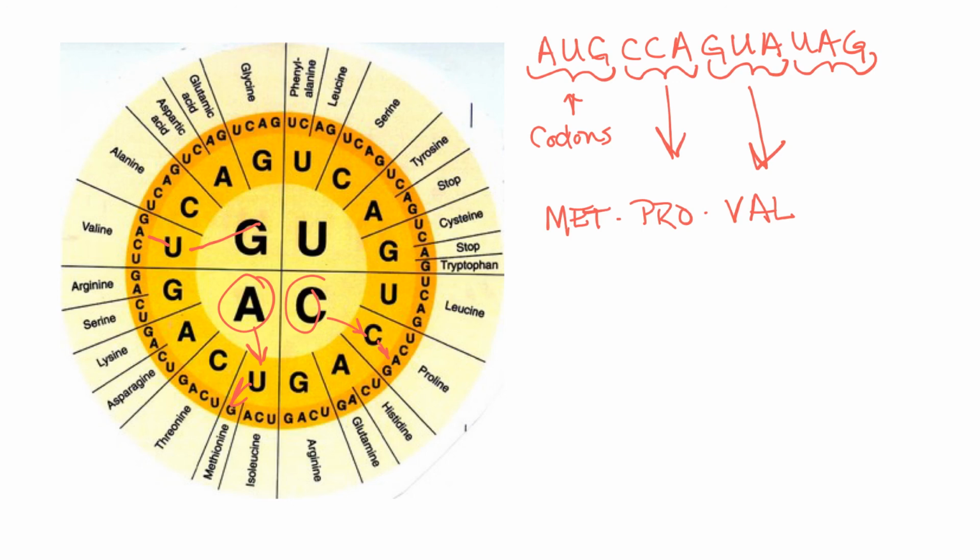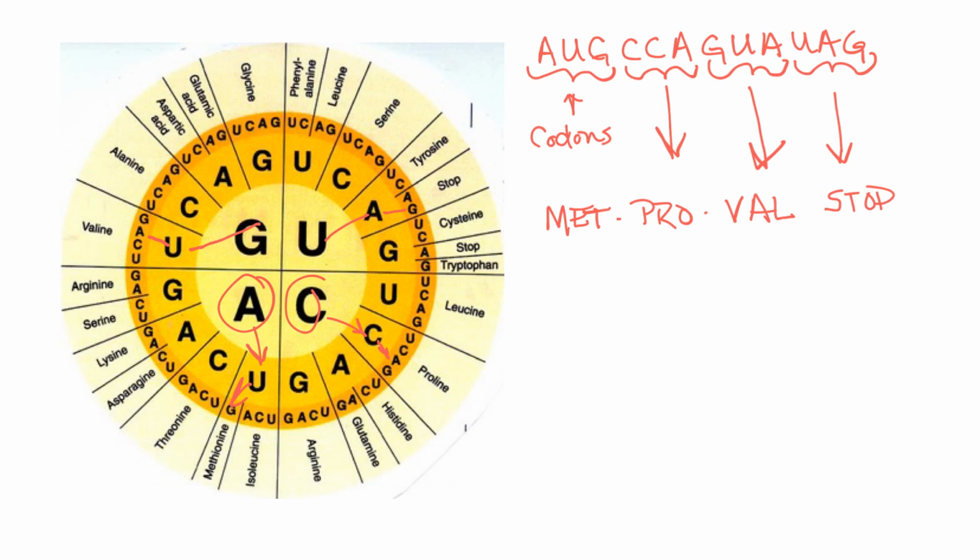And then our last one is UAG, and UAG codes for stop, so we just put our stop there. That means the ribosome can disengage and we're done producing that protein.